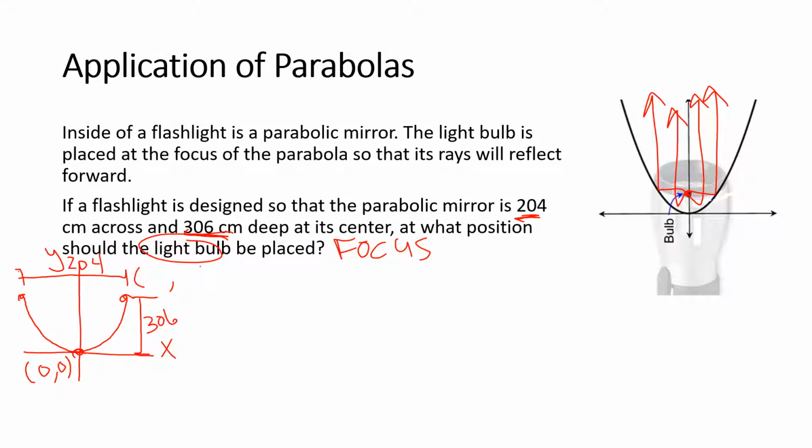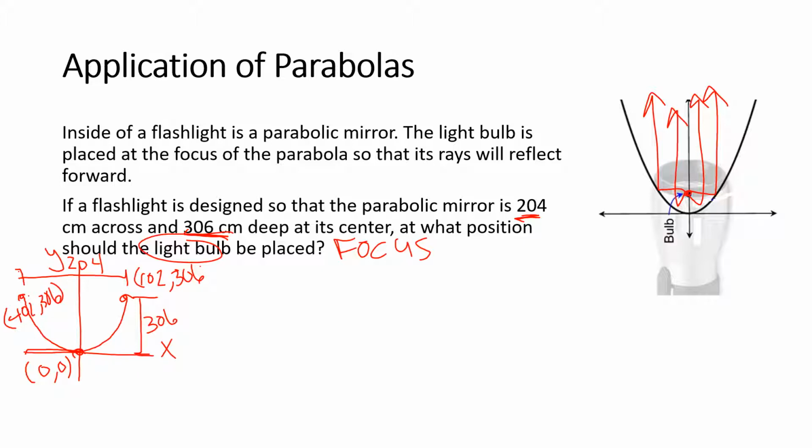So if I'm trying to find this particular coordinate point on the right, it would be 102, 306. Same on the left-hand side. On the left-hand side, this would be negative 102 and 306.